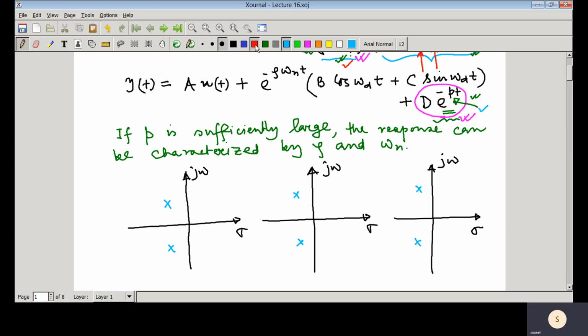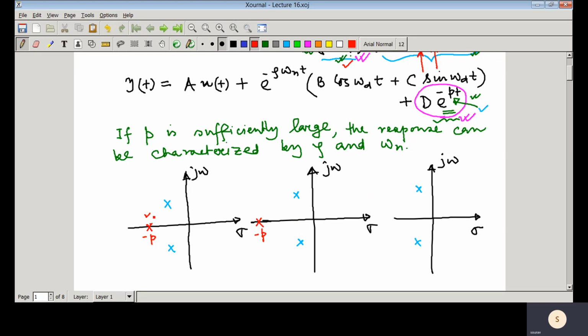But if we introduce a pole at say minus p, this is the first case. The second case is suppose we have moved that pole a little bit away from the origin.